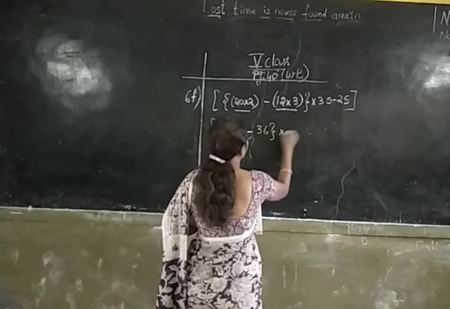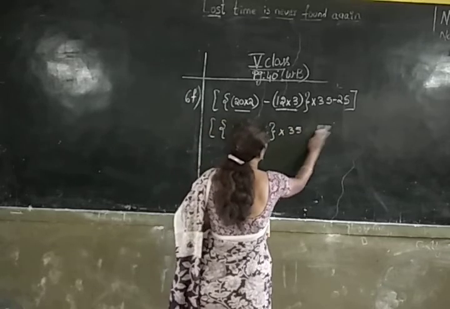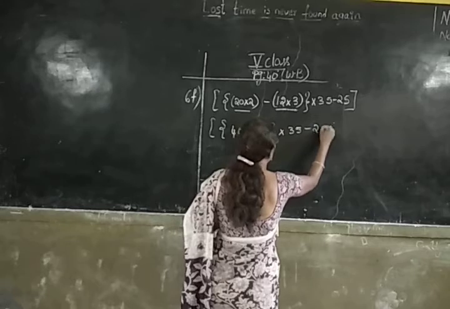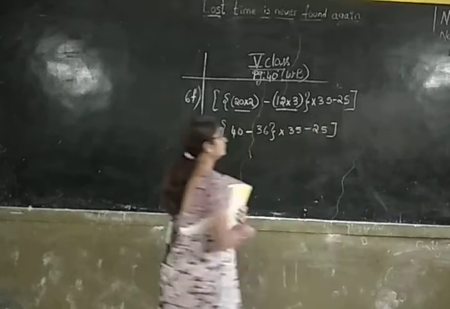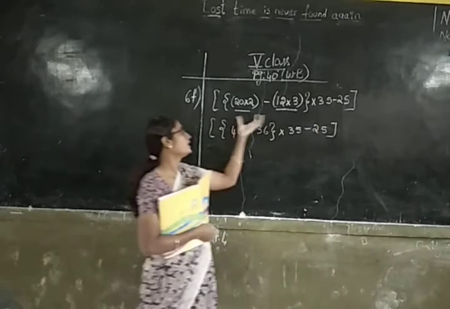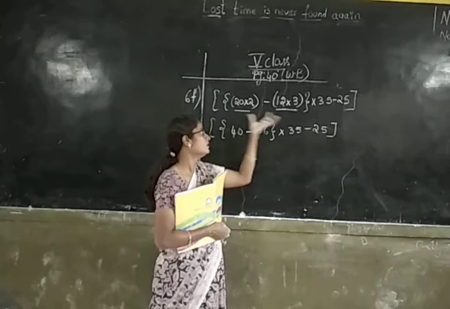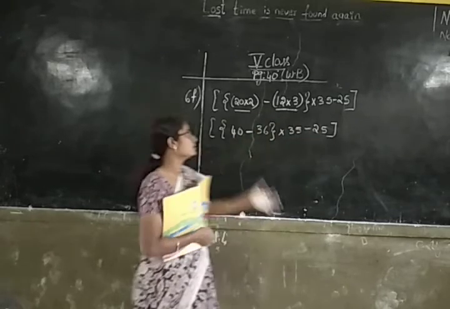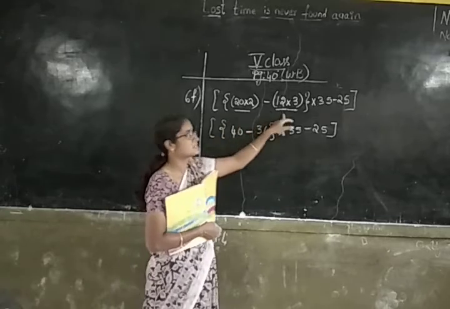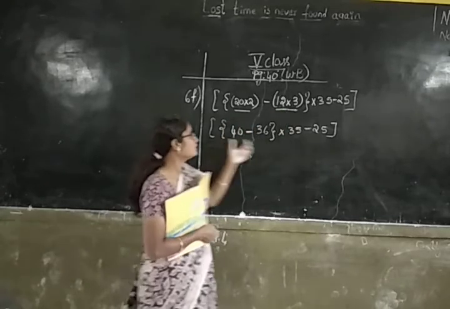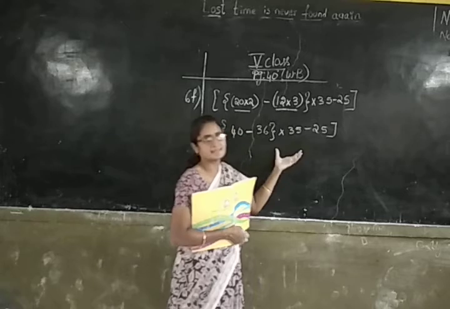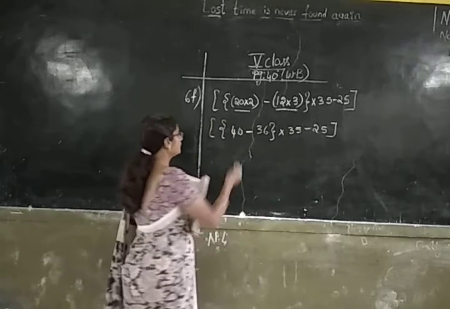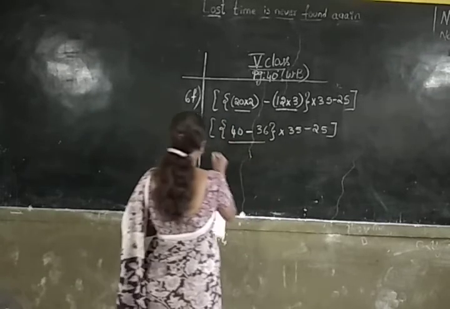Curly bracket into 35 minus 25, and in the last we have the square bracket. Only we have solved the terms inside the round bracket, and the other numbers we have written as it is. Okay children? Now let us solve the terms inside the flower bracket.